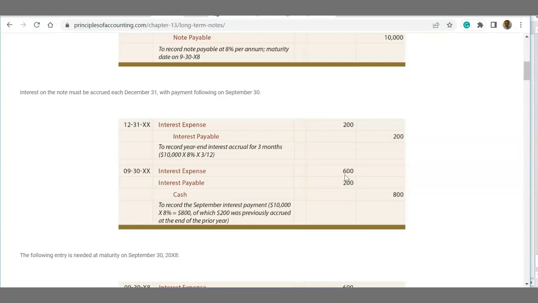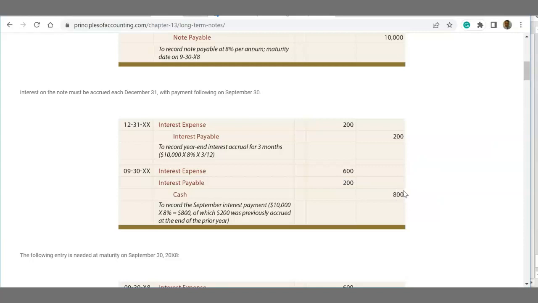At the end of the first year, and every year after that, you need to pay the interest expense and interest payable, whatever has accrued during the last 12 months. In this case, $200 accrued already in the first 3 months, and $600 interest expense accrued in the last 9 months.